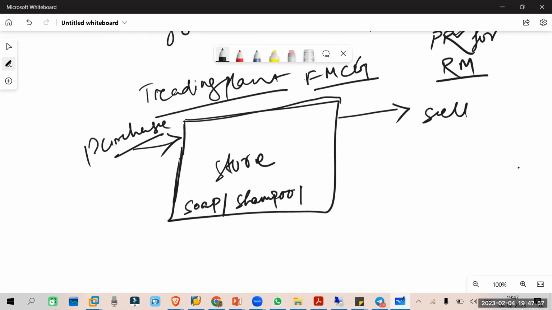Let's take the example of soap. Daily you are selling 1000 units, and someone from a manufacturing unit will be manufacturing this soap.